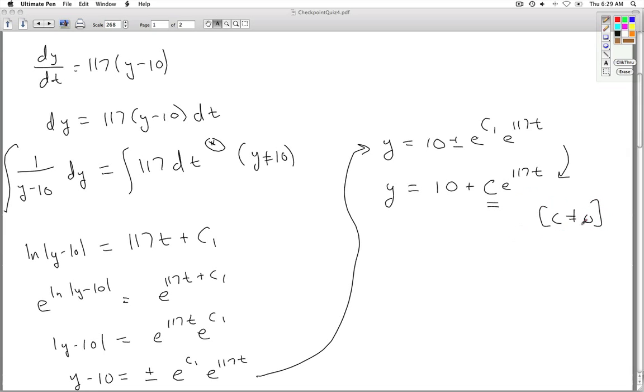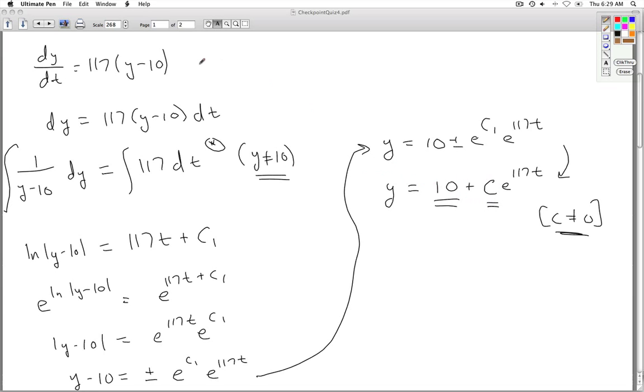So we have to check to see, what if c is 0? If c is 0, this cancels out and I'm left with the constant solution y equals 10. That should ring a bell. When we divided by y - 10, we had to assume that y didn't equal 10. So, am I letting something in that isn't a real solution?